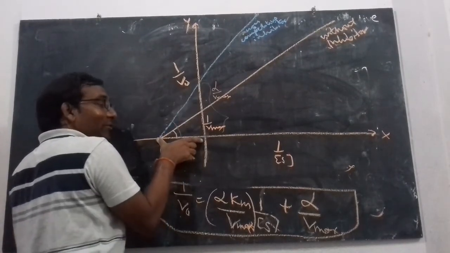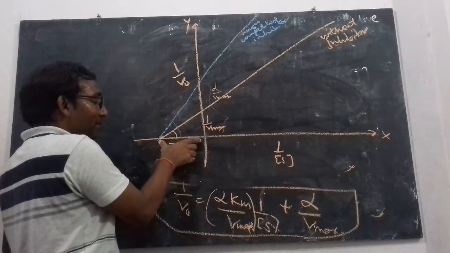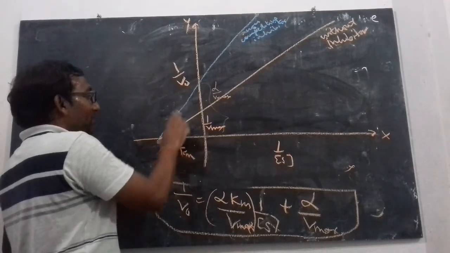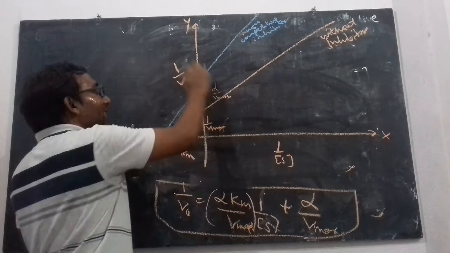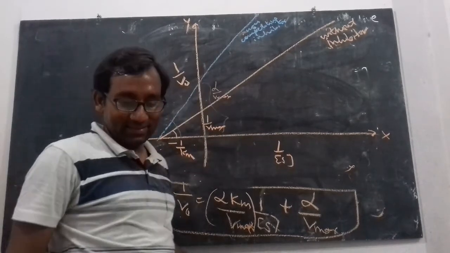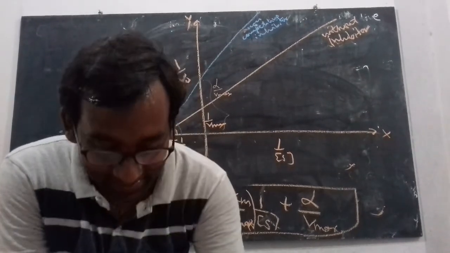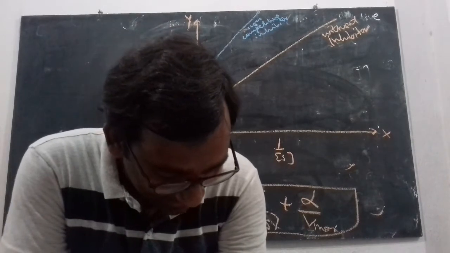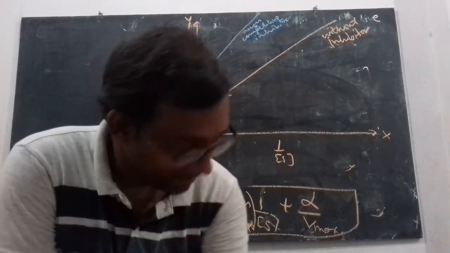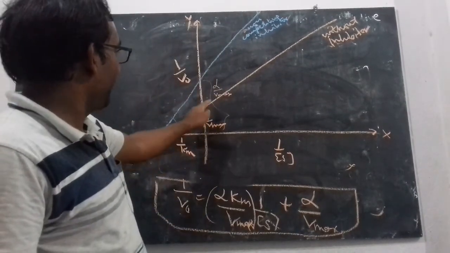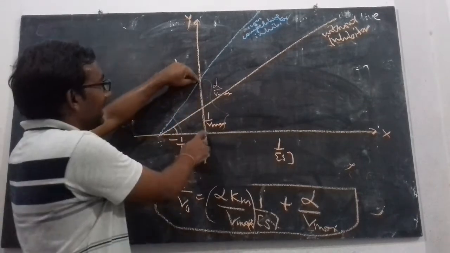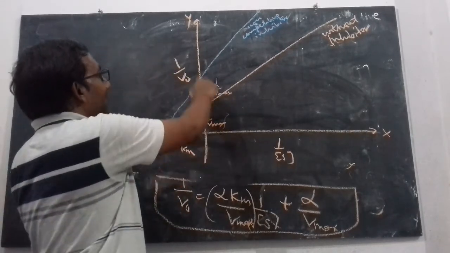So the value of Km is not changing, but the slope and the intercept on the y-axis have changed. So Vmax is decreased. Alpha by Vmax, so Vmax has changed.